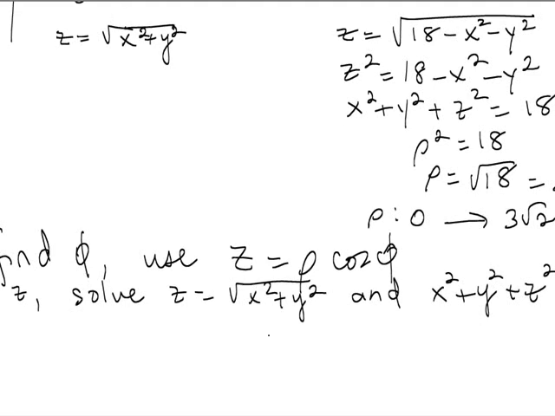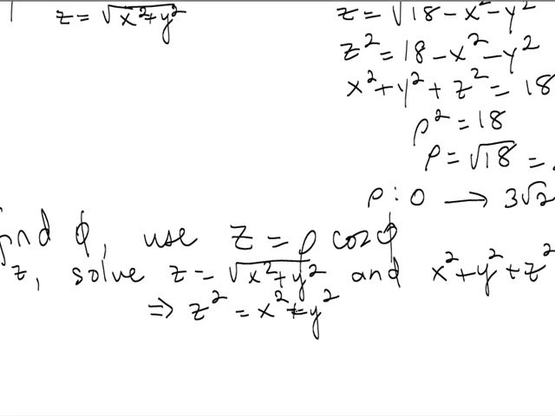So z equals square root of x squared plus y squared implies that z squared is x squared plus y squared, right? Remember, we're solving simultaneously. So the best thing to do is to solve this by substitution. Take this and substitute into the other equation.